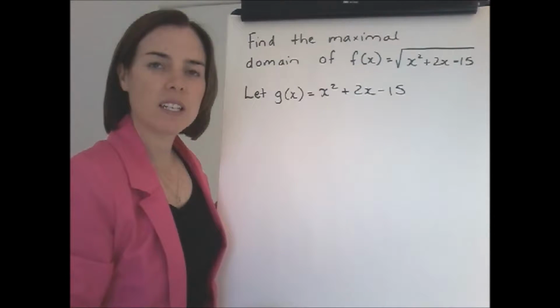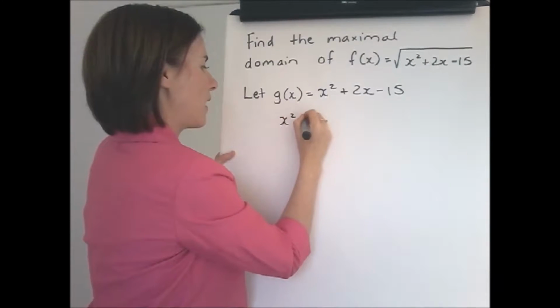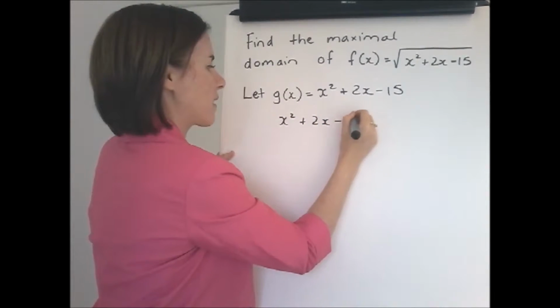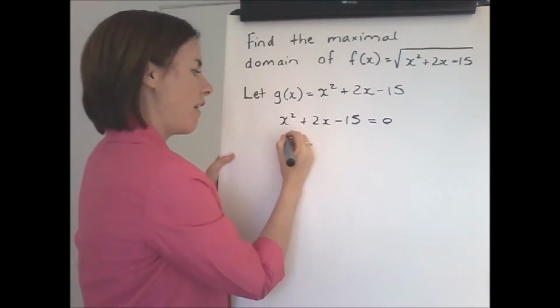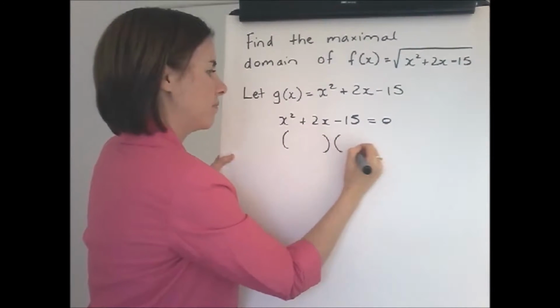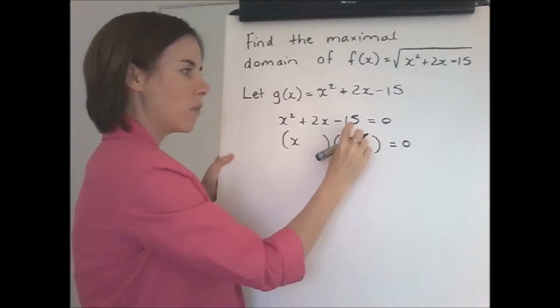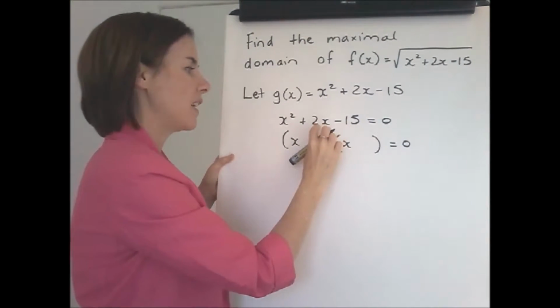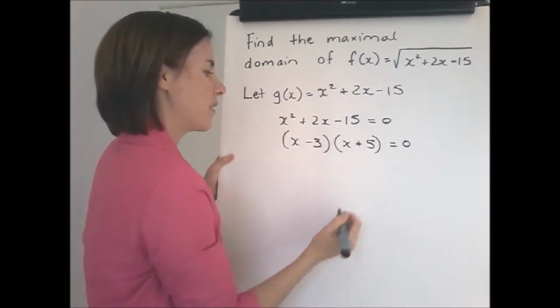Okay, firstly I'll find when it is 0. So I want to solve x squared plus 2x minus 15 is 0. Factorise. Now what multiplies to negative 15 and adds to 2? Negative 3, positive 5.